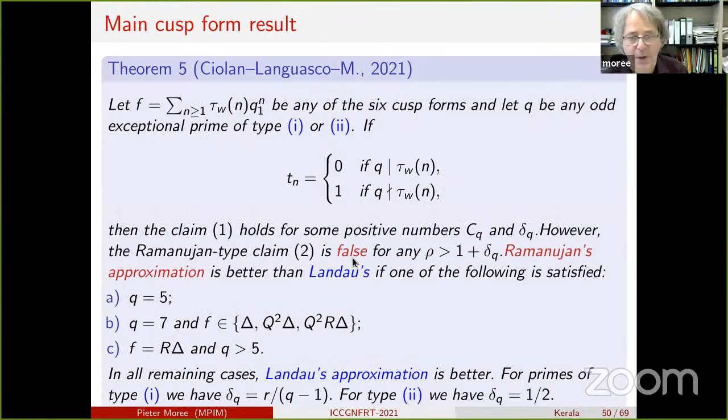Basically what we did is, for all the congruences except one of type 3, there is only one known of type 3, we were able to determine whether the Landau approximation or the Ramanujan approximation is better. So you can precisely classify that.